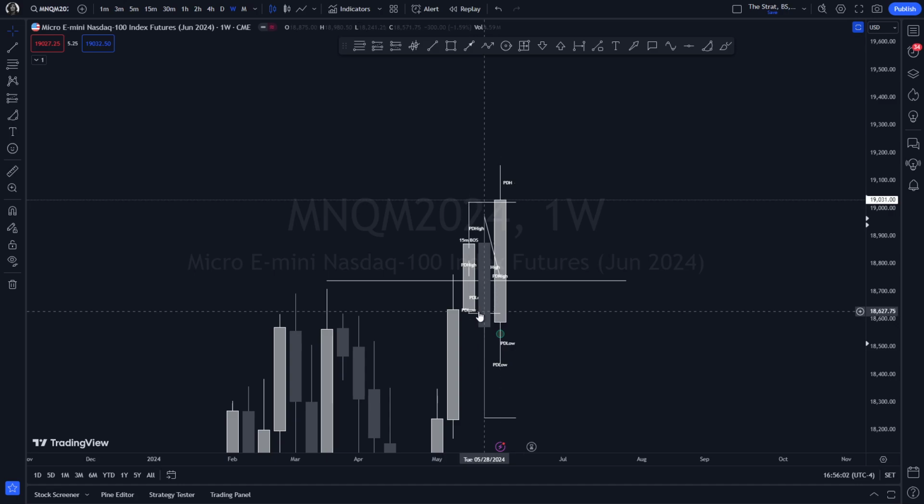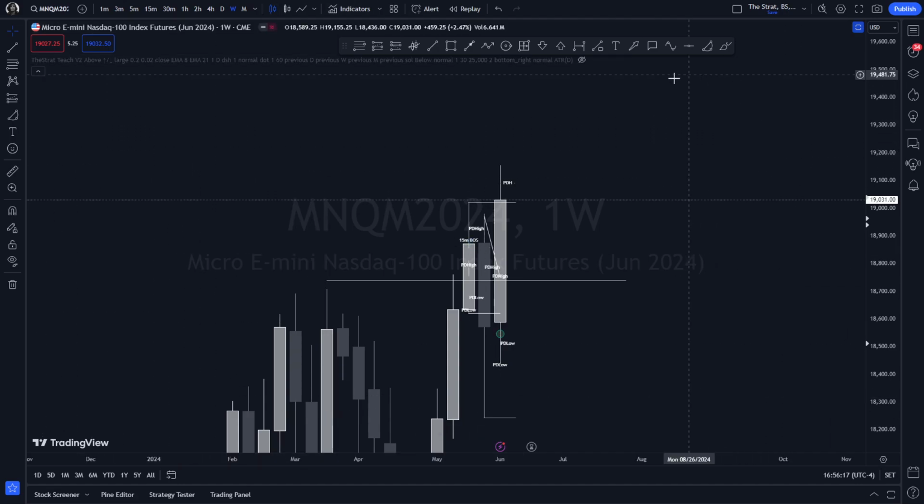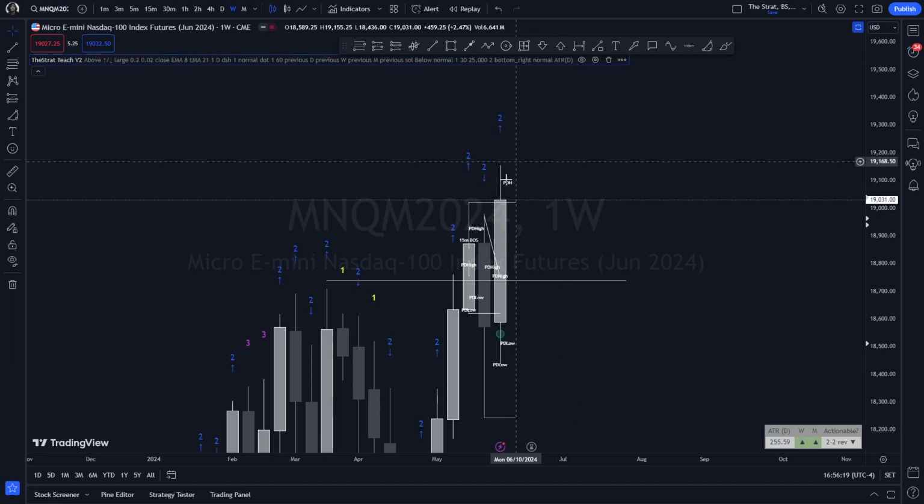So here, what I was saying before, you've got to ask yourself what type of candle it is. This previous week had a two down, right? If I turn the strat on, you will see that it's a two down right here. I know this just because I've been doing it for a while.